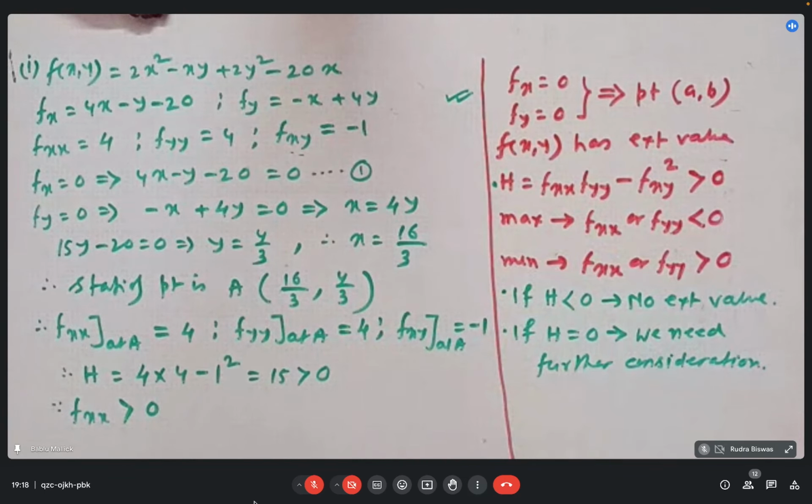Therefore f(x,y) has a minimum value at capital A.